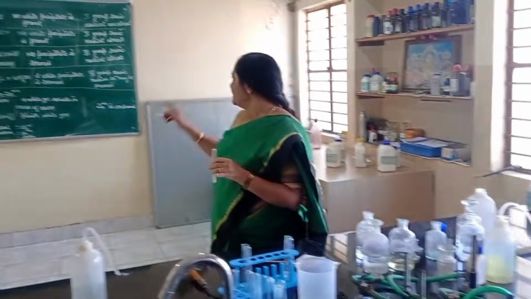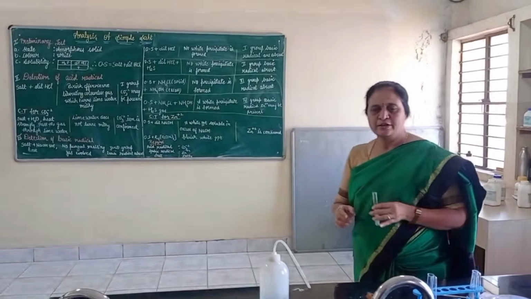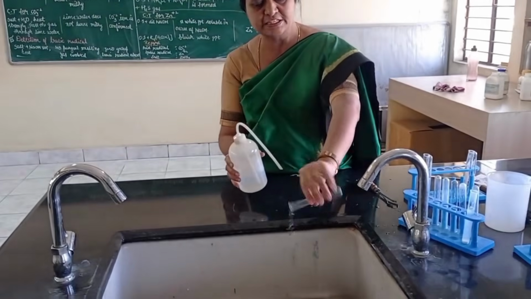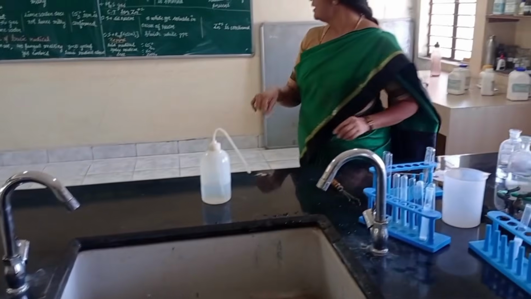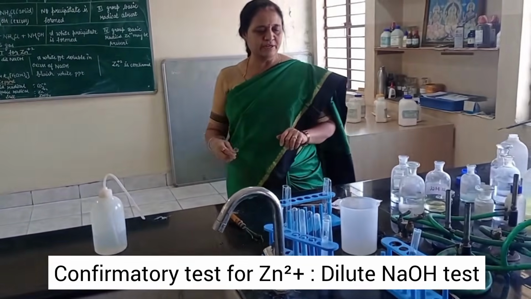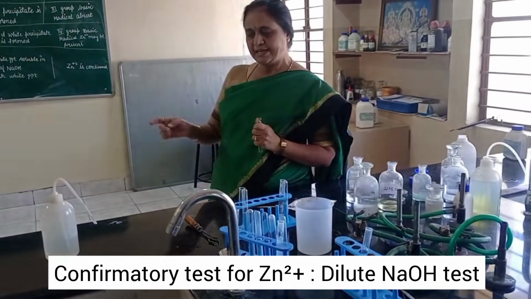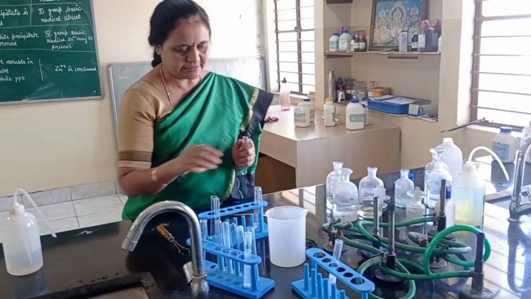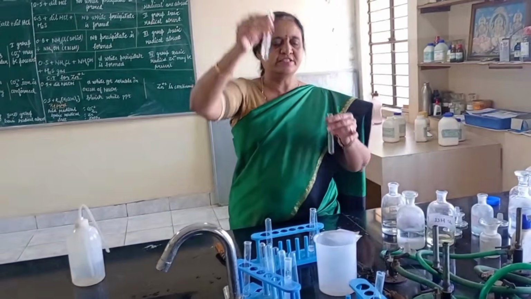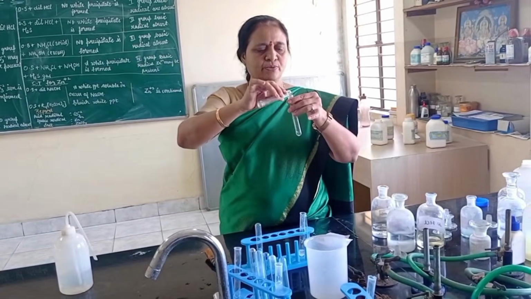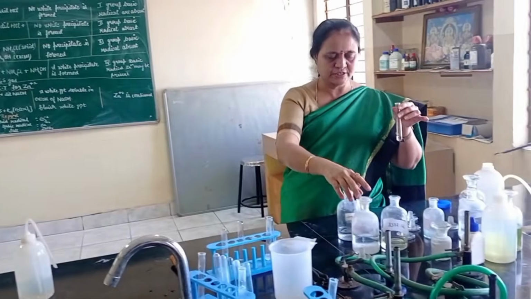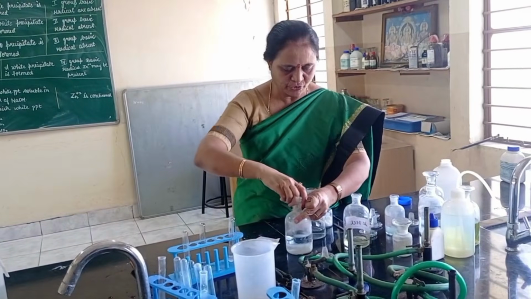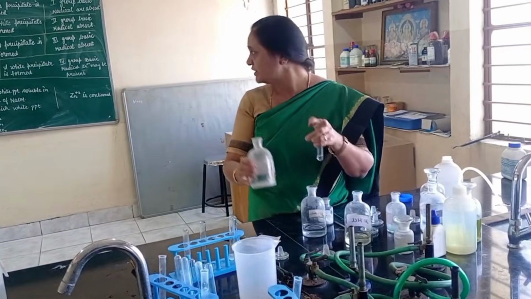Now, I am doing CT for Zn2 plus. We have two confirmatory tests for Zn2 plus. See here, first I am doing dilute NaOH test. I am taking original solution and adding sodium hydroxide solution.